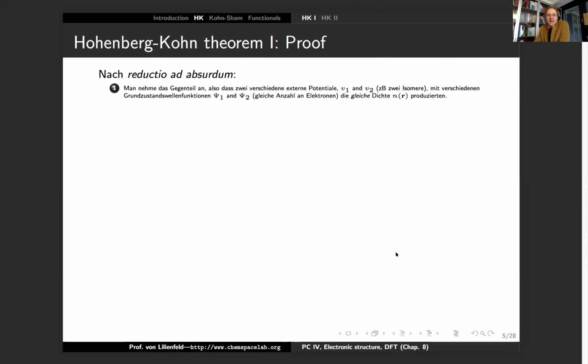All right, so we presume now, and I'll give you as an example, the external potentials of two isomers, just to facilitate your life. Now, these two isomers, ideally, should have the same number of electrons. So presume, let's say, two constitutional isomers, okay? So what should we take? For instance, butane and isobutane, 2-methylpropane, I think is the formal name, right?